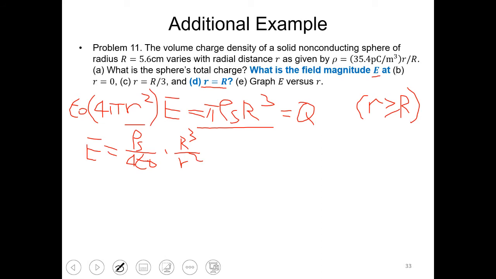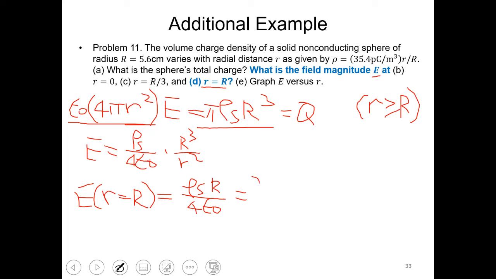It's nothing but some algebraic calculation: we divide this part on both sides, and then substitute small r equal to capital R, and it becomes rho S R over 4 epsilon naught.